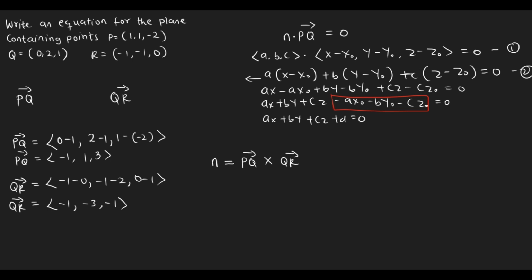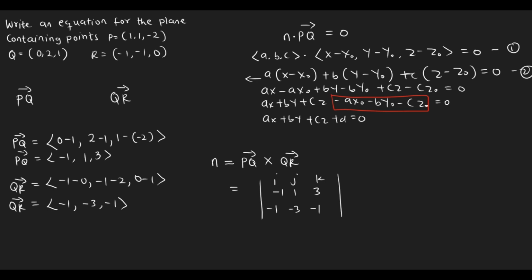So this will be equal to, I have i, j, and k here. Let's write vector PQ: minus 1, 1, and 3, and then for vector QR we have minus 1, minus 3, and minus 1.